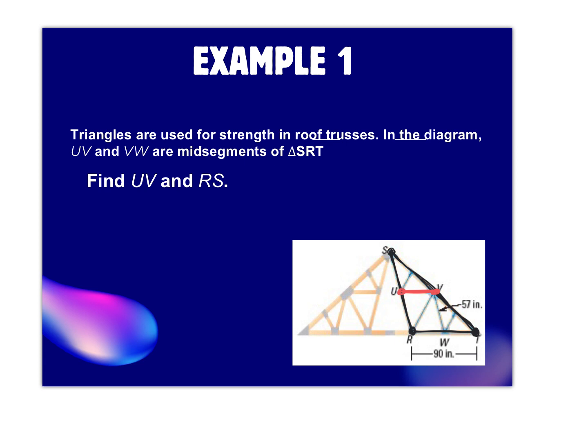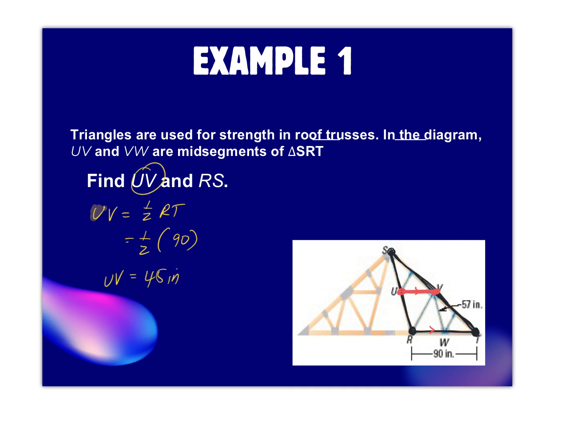I also know that my midsegment is parallel to RT, because that's one of the things of the theorem, and I know that UV is half the length of RT. So when I go to UV, I know that it's half the length of RT, and in this case, RT, we're told, is 90 inches, so I know UV is 45 inches long.